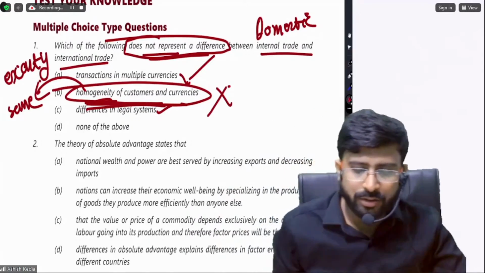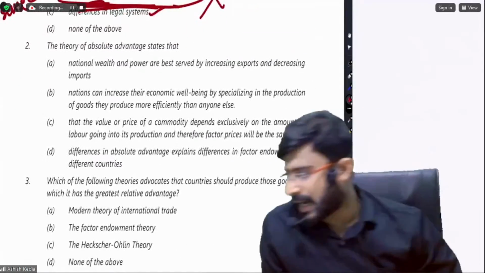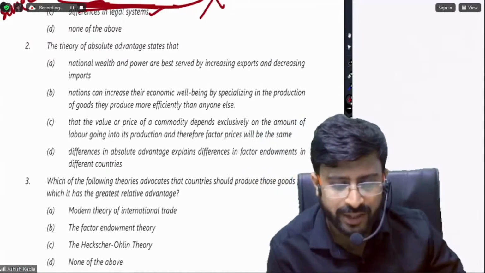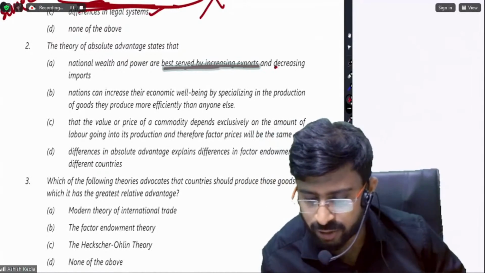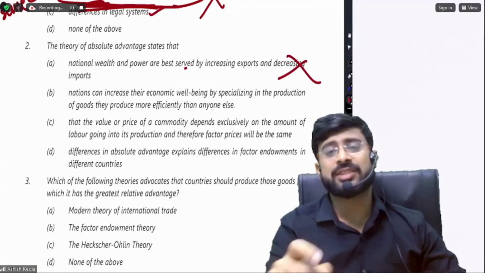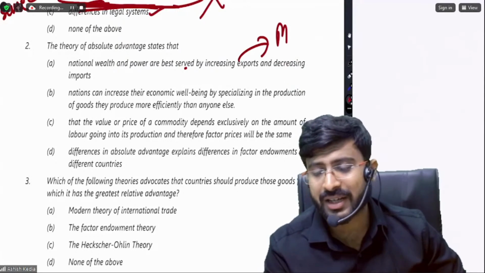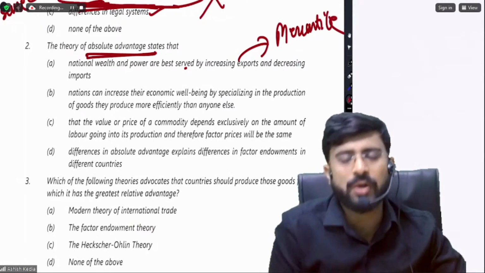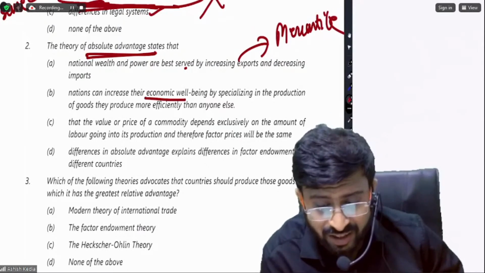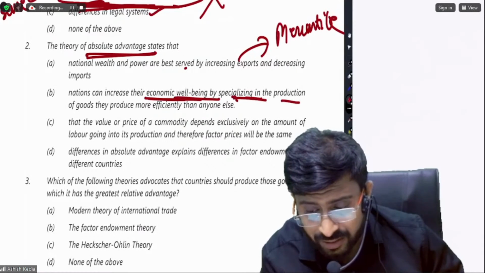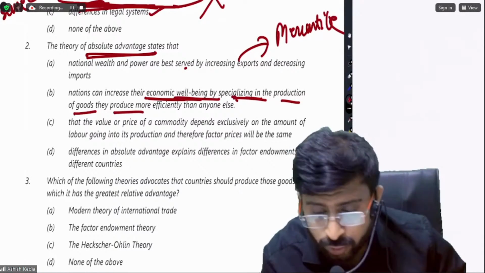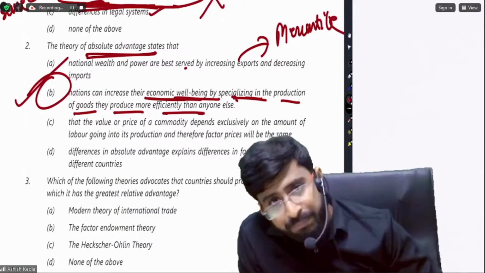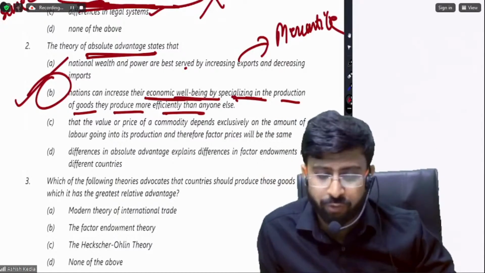Moving on. The theory of absolute advantage states that, absolute, not comparative, national wealth and power are best served by increasing exports and decreasing imports. This is which theory? This is mercantile theory. We have been asked absolute advantage. Nations can increase their economic well-being by specializing in the production of goods they produce more efficiently than anyone else. Correct answer. जिसमें हम बेस्ट है सबके मुकाबले, हम वो बनाएंगे.